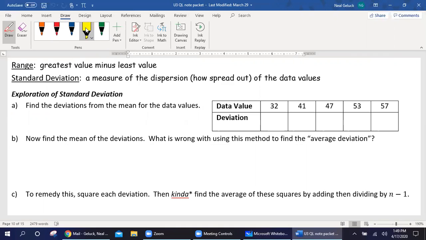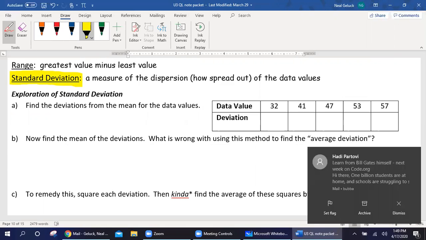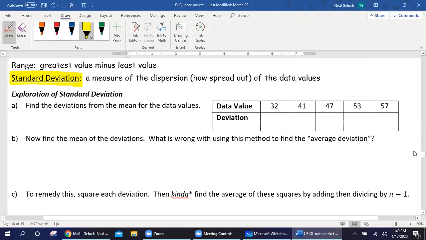What's more important and the main drive of these notes is the standard deviation. So this measures how spread out the data values are. It gives a score to it. Deviation, deviating from. And the question is, what are they deviating from? It's deviations from the mean.